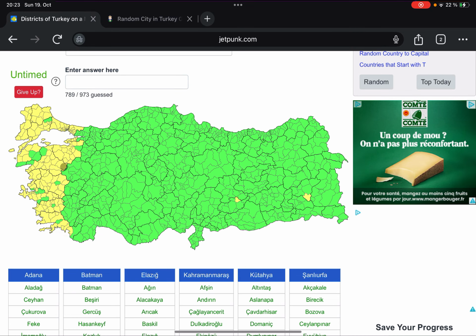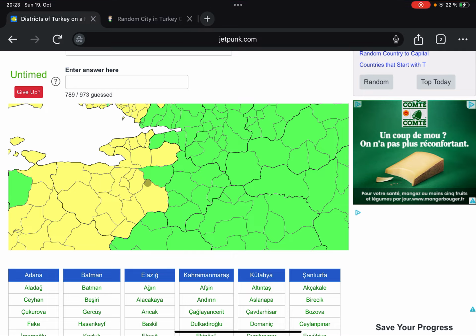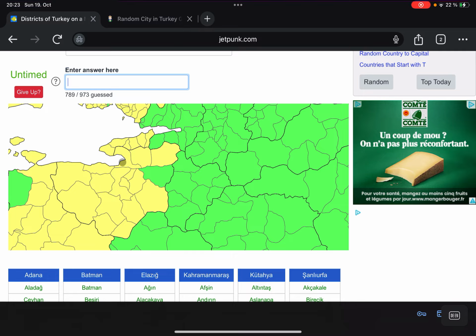Alright, let's go on over here to another major city, especially in the early Ottoman Empire. This was one of the most important cities right here, the city of Bursa in the province of Bursa, and it's made up of several districts, these being Nilüfer, Osman Gazi, Yıldırım, Gürsu, and Kestel.